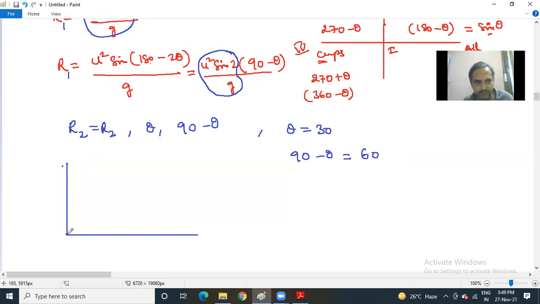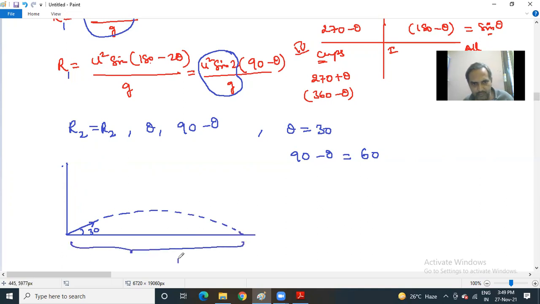So suppose a body is thrown at an angle 30, assume that it reaches somewhere. Say this is going to be R1. The same body thrown at an angle 60 reaches the same point.